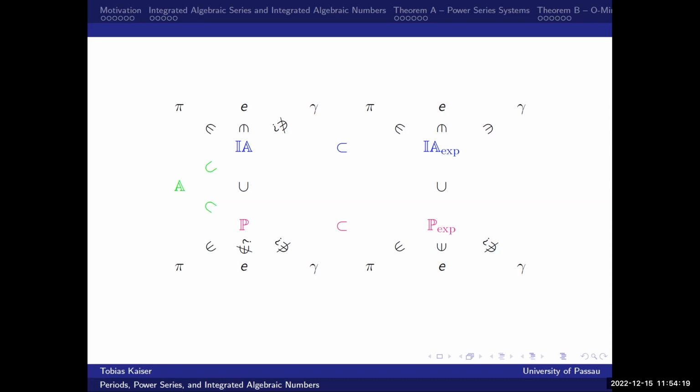So does the absolute Galois group of the rationals act on it? It acts on the algebraic numbers, but it's not contained in there. No. Because here we have transcendental numbers, for example, pi.